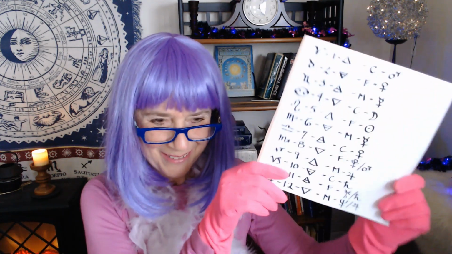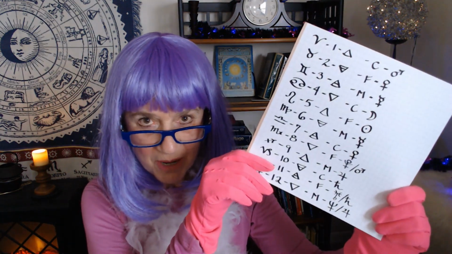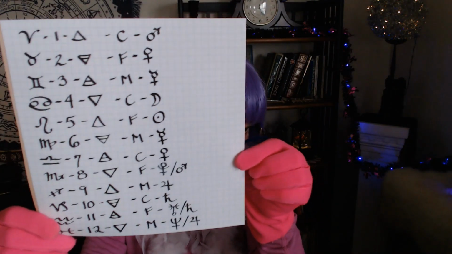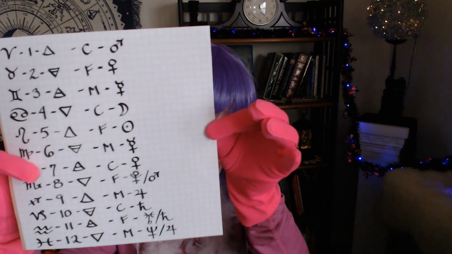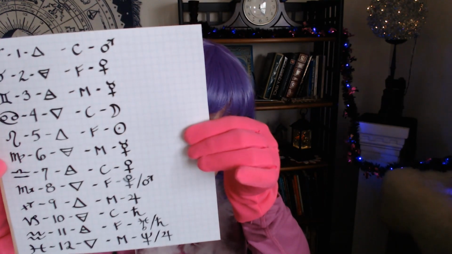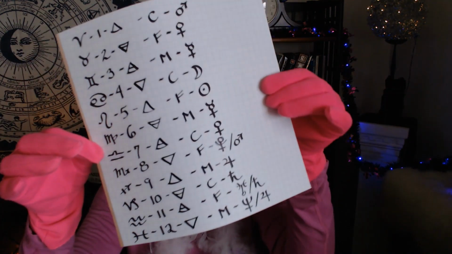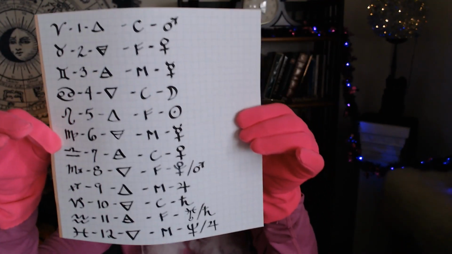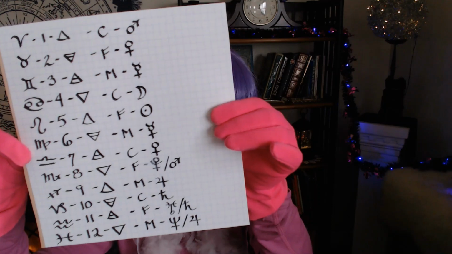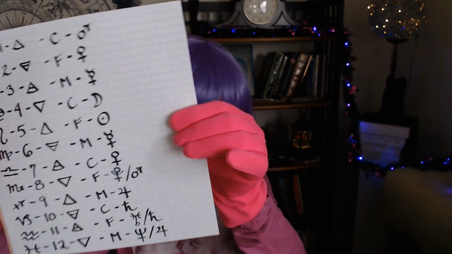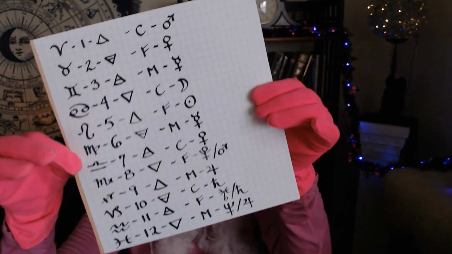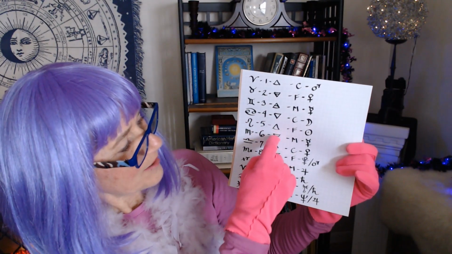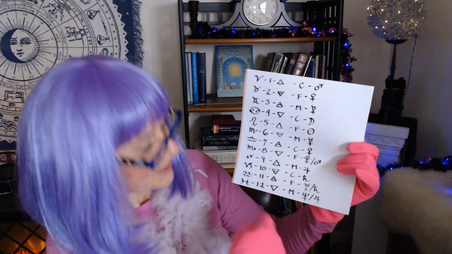So anyway, I'm sure you remember this from way back at the beginning of the classes. I'm going to hold it up so if you want to take a screenshot, you can. You're seeing all the glyphs for the signs, then the houses 1 through 12, and then their element: fire, earth, air, water, repeating.